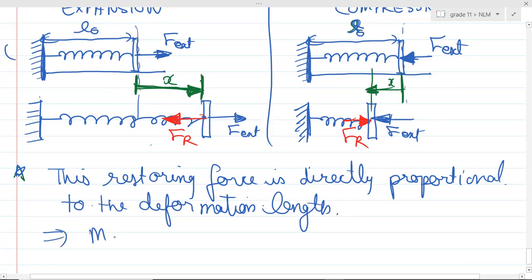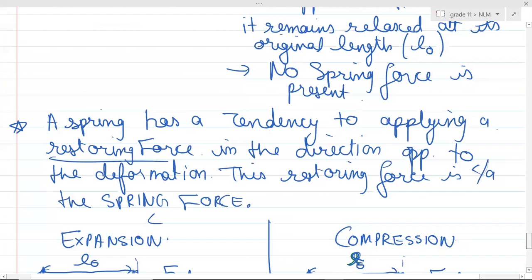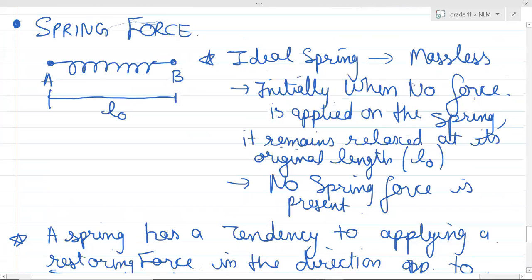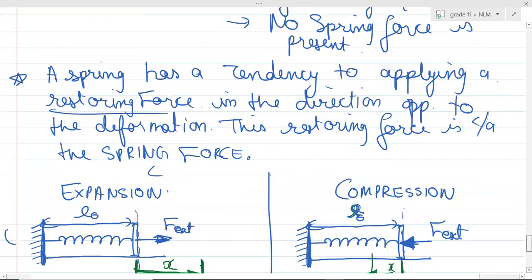That is, the more we compress, or extend, we don't call it expand, we call it extend, right? Expand is different, extend is something else. Extend is badana, expand is also badana, right? That is the correct word.